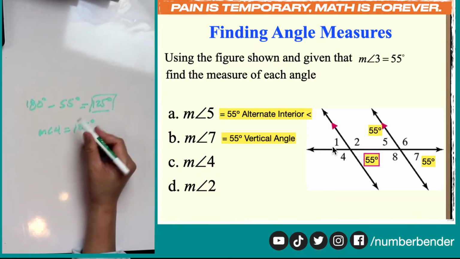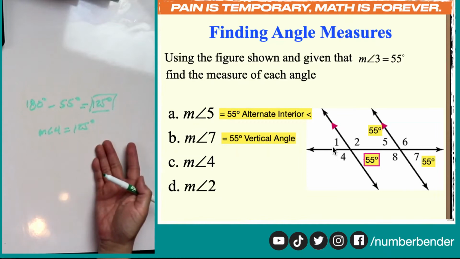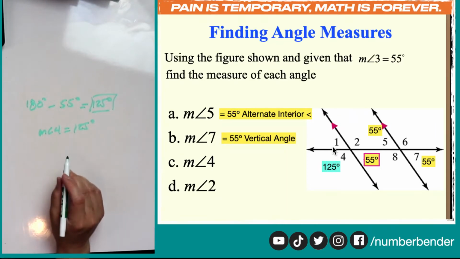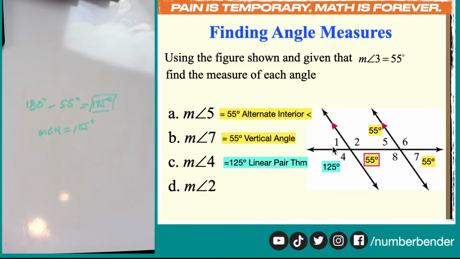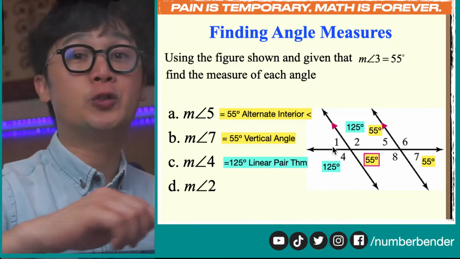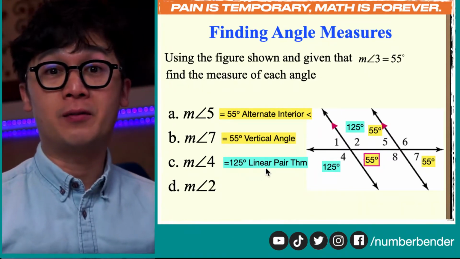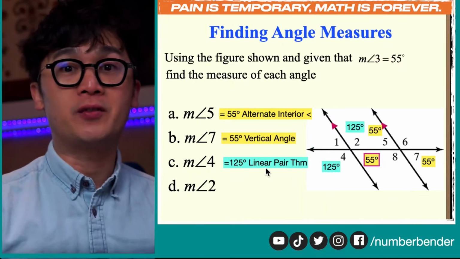The reason we're able to perform this equation is because this is also a linear pair. So using this theorem, we show that the measure of angle 4 is equal to 125 degrees.